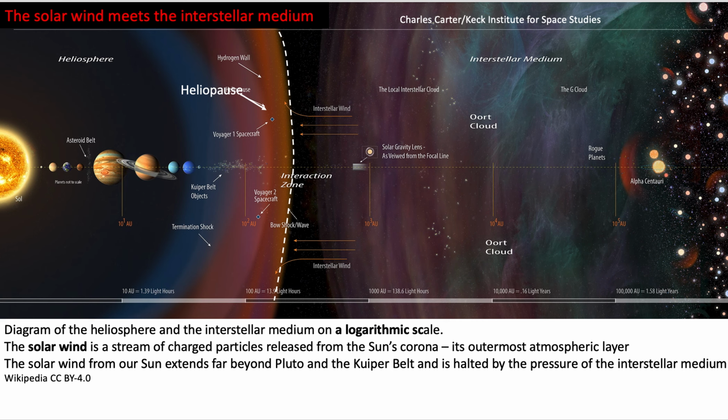It only goes so far, but actually the solar wind, the influence of our sun, goes way beyond Pluto, way beyond the Kuiper belt objects, KBO, and the white dotted line is where the solar wind will meet the interstellar medium, and the sun's influence would end.